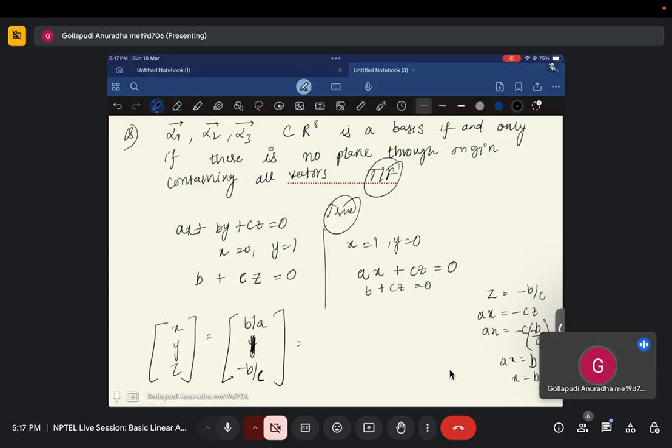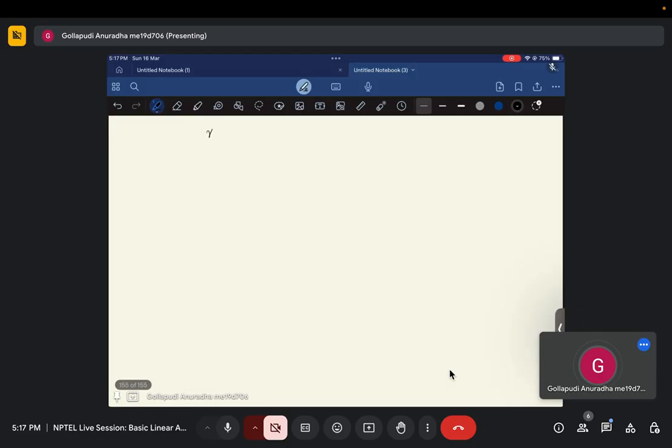Okay, but better let's take some number values. Let's take some proper plane.